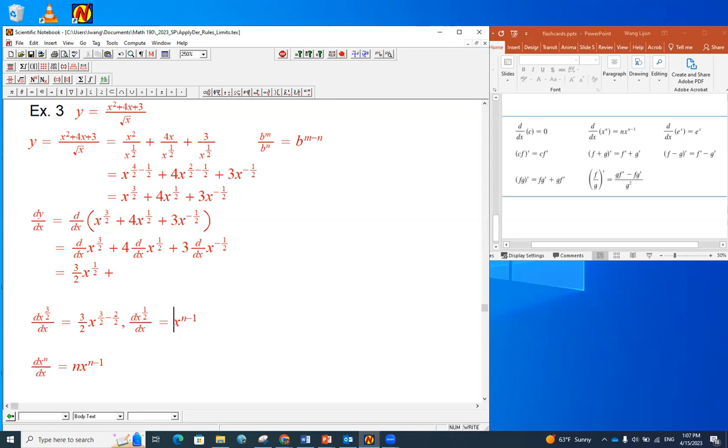So this is 4 times, the 4 stays, multiplied by 1/2, and x raised to the power of 1/2 minus 2 over 2, where 1 is 2 over 2. That's going to be negative 1/2.